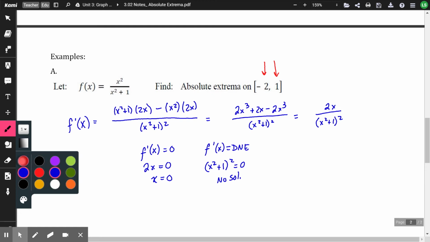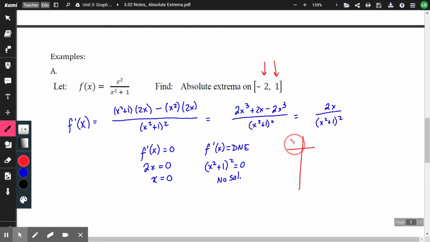So our next task is to set up an XY table with our endpoints and our critical values in here. So our endpoints are going to be -2 and 1. Our critical value is going to be 0. And we're going to plug each one of these values into f of x to find out what the y values are going to be.